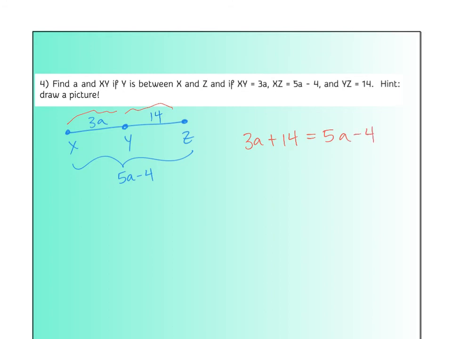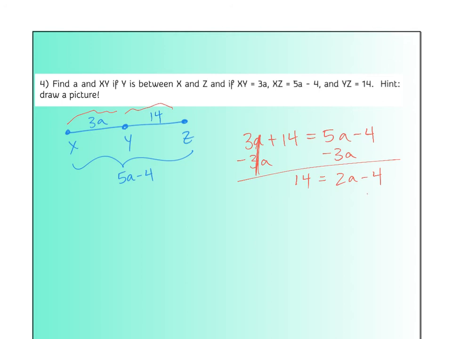Again, use your algebra skills. I have variables on each side of the equal sign, so I'm going to get those to one side. I'm going to move the 3a. It's a positive 3a, so I'm going to subtract 3a from both sides. I end up with 14 on the left, and on the right now I have 2a minus 4. Next, I'm going to move the constant, which is nearest to the variable. So in this case, I'm going to move the 4.